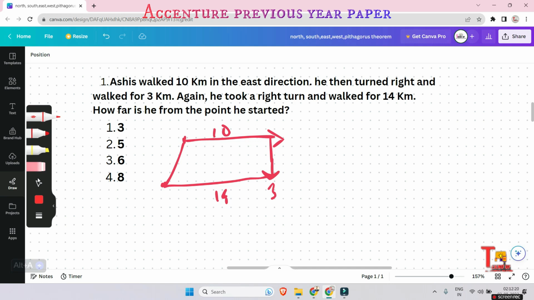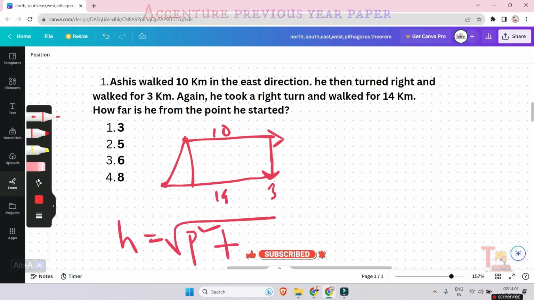So take a perpendicular on this line, and we know the Pythagoras rule. The Pythagoras rule is that hypotenuse is equal to root over perpendicular square plus base square. Here the hypotenuse is this, the perpendicular is this and the base is this.